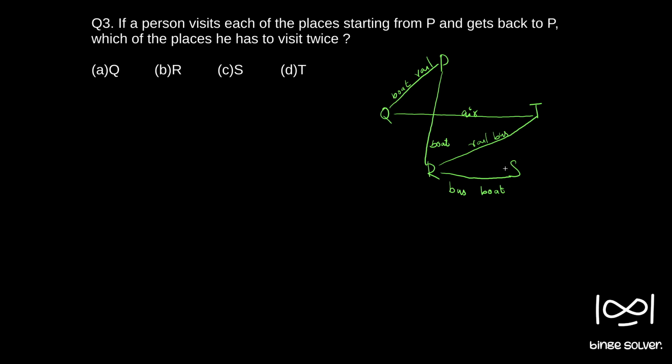As you can see, if you have to reach S, you have to come from R. So from R you can reach S, and to reach back P we have to go to R again.